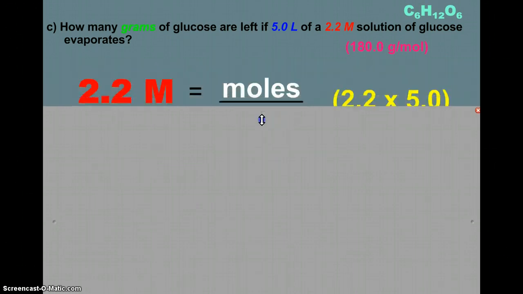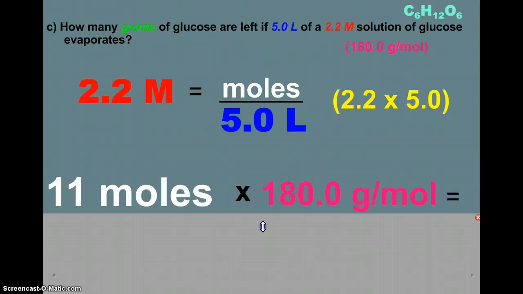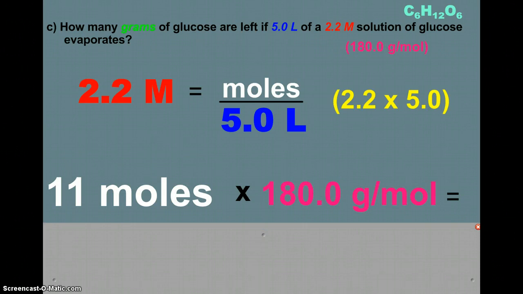The first thing I do is look at what I know. I know the molarity, 2.2, and I know that I have 5 liters of solution. I don't know the moles, which will take me to grams. When I multiply 2.2 times the 5.0, that shows me that there are 11 moles of glucose in this solution. Then, to go from moles to grams, I need to multiply by the molar mass.